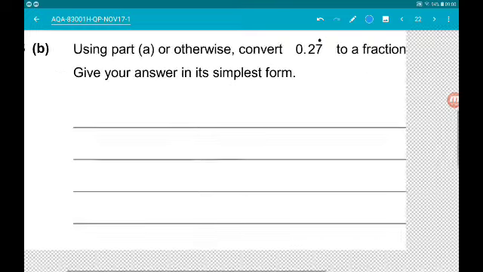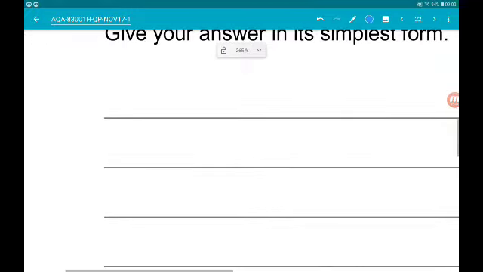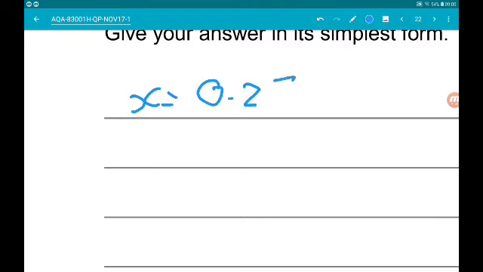So start off by saying that x is equal to 0.27 recurring. Now what we need first of all is a number with a purely recurring decimal part. So at the moment it's not purely recurring because we got that 2 which isn't recurring.